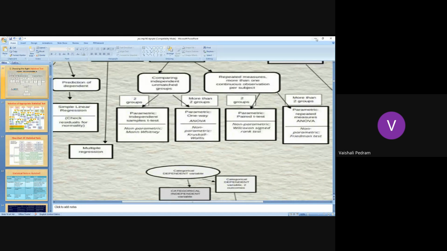That is answered on a Likert scale, 0 to 5. So can I combine these two as a metric variable?